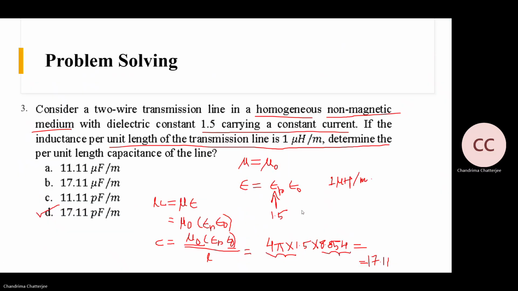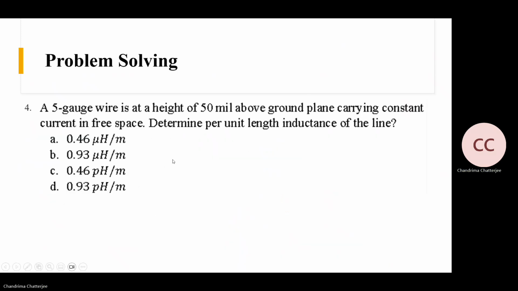Okay, so let's resume. The next question says that a 5 gauge wire is at a height of 50 mil above ground plane carrying constant current in free space. Determine per unit length inductance of the line.